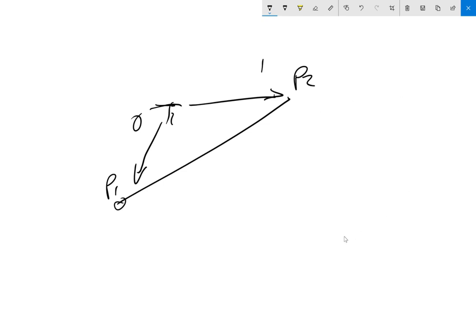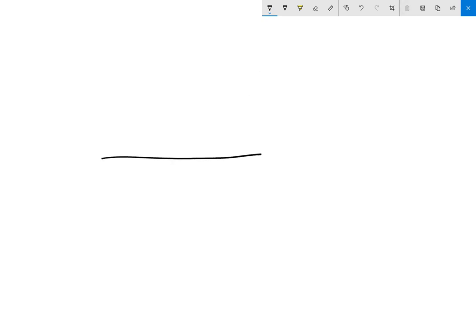So let's consider a simpler case. P1, P2. Let's give this a value of 4, and let's give this a value of 16. And let's consider t. So we can definitely say t0 is 4, and we can definitely say t1 is 16.